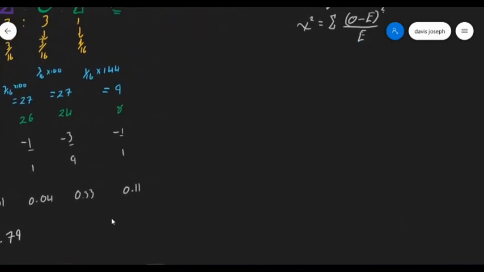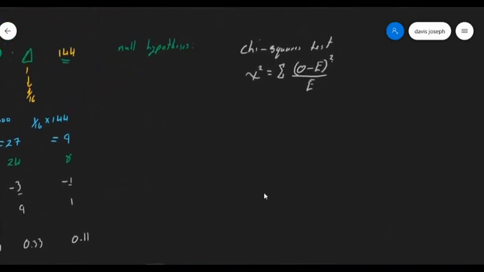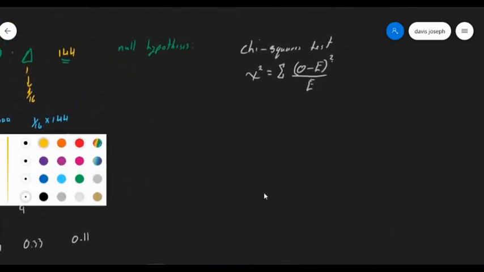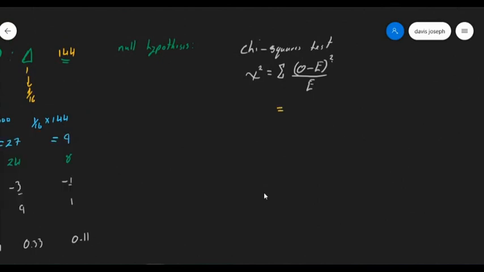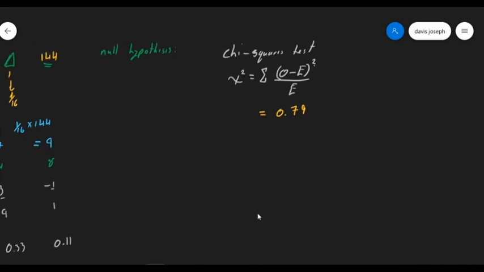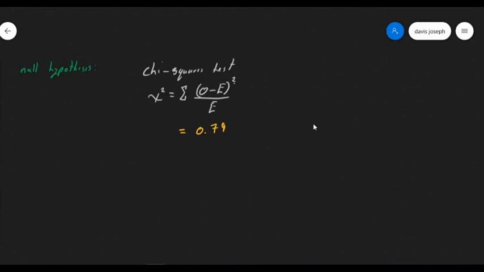So our value for our chi-squared test is equal to 0.79. But what is the significance of this value?